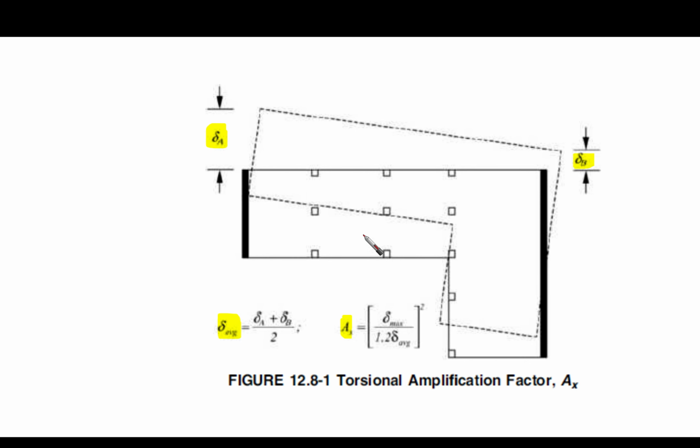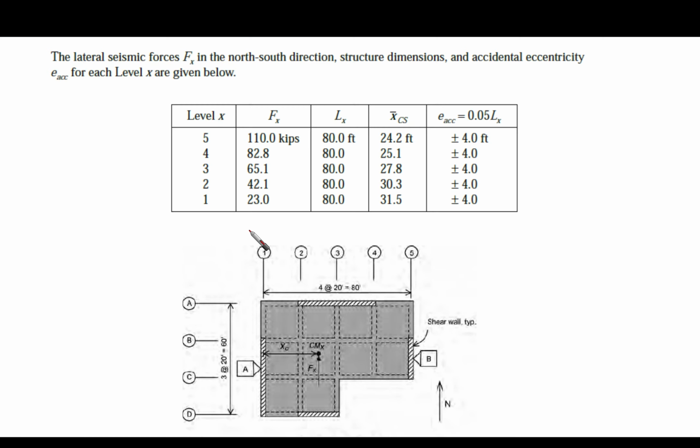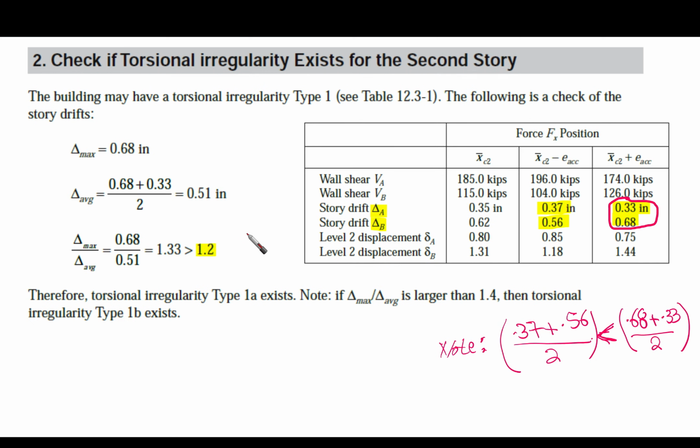Let's assume this is here in delta A and delta B, but actually it is flipped in our case. If we have the structure deformed in this shape, we are going to have this delta A here, and delta B to be here, and then we are going to have the case for the torsion.